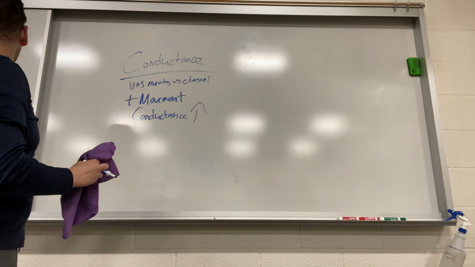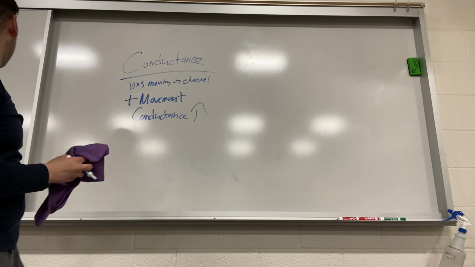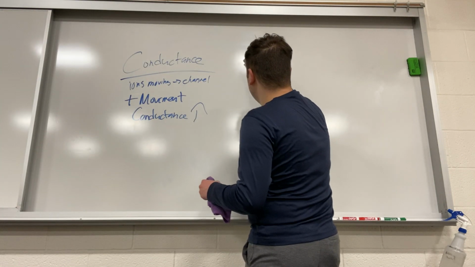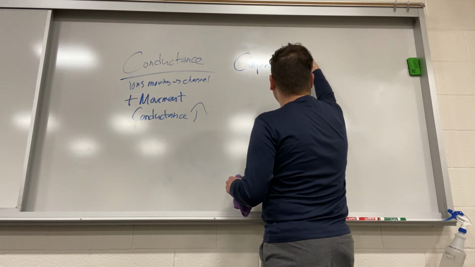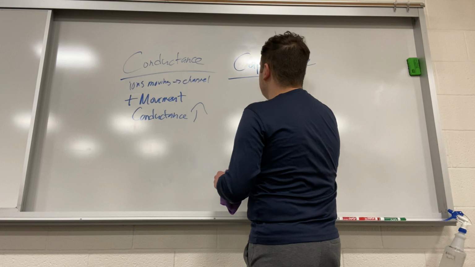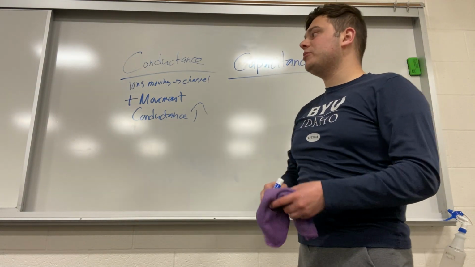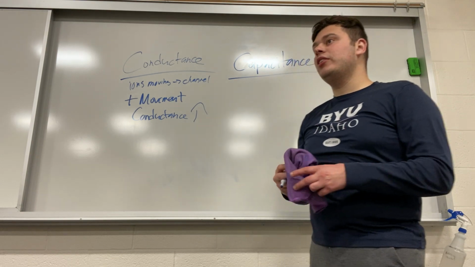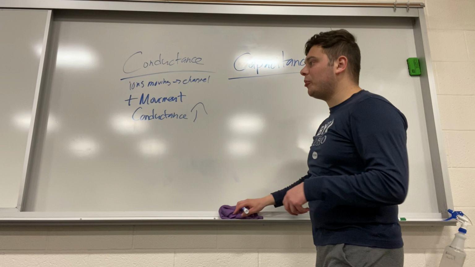Okay, let's talk about our second term. Our second term is going to be capacitance. So we'll put that one here. Now, what is so important about capacitance? Capacitance is the ratio of separated charges between positive and negative. And this one has a formula, so let's write that formula out.